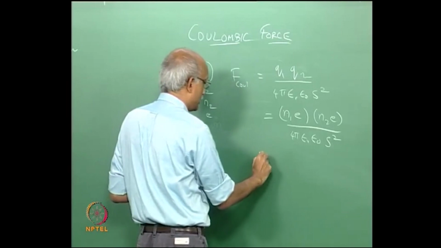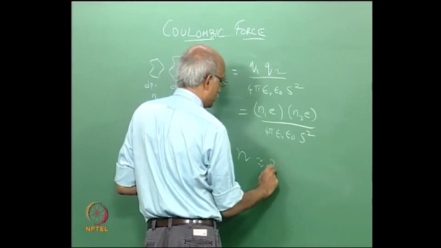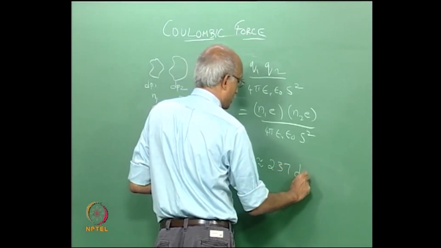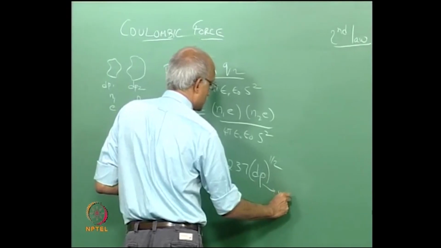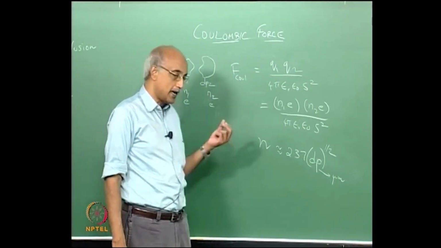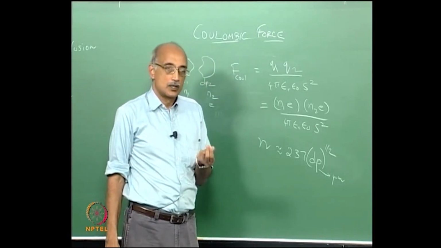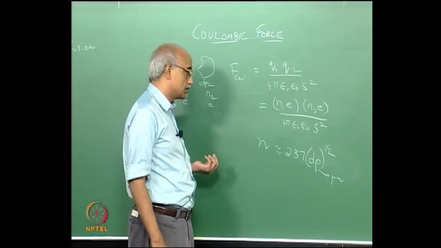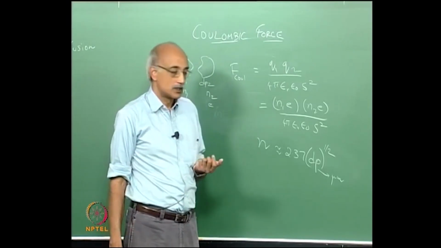In fact, n is roughly equal to 2.37 times dp to the power half, where dp is expressed in microns. This is the average number of charges carried by a particle which has been exposed to a Boltzmann distribution of charges.